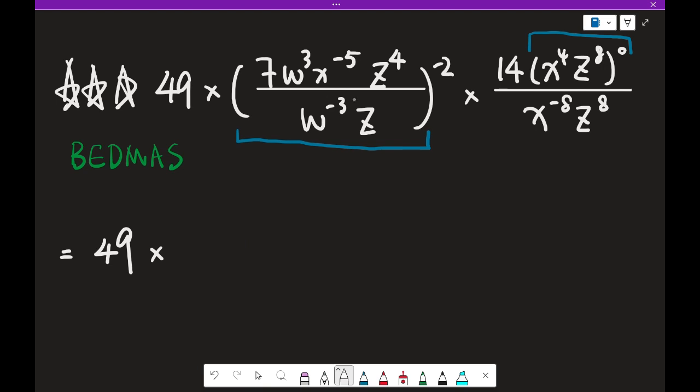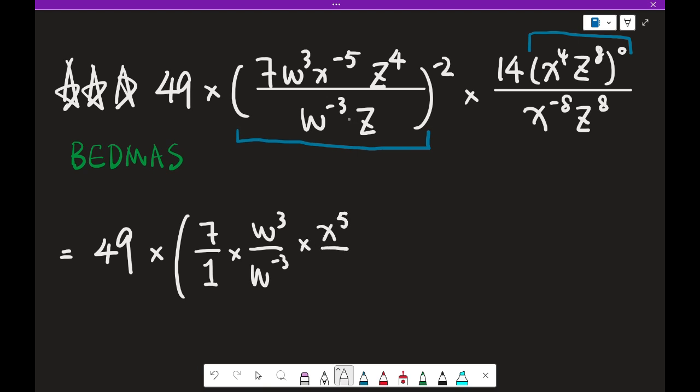Still, we can isolate the same bases with probably different exponents. So we can do this: 7 over 1 times w to the power of 3 over w to the power of negative 3, times x to the power of 5, and there is no x to the power of something in the denominator, so we can say 1, times z to the power of 4 over z to the power of negative 2.